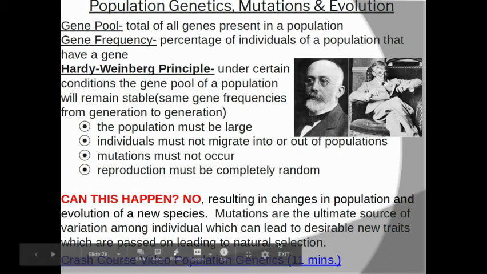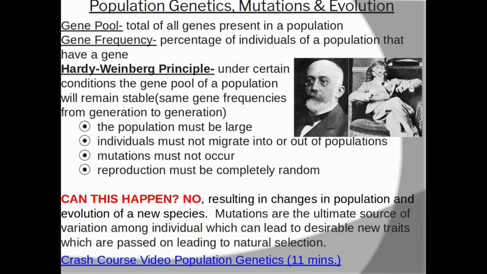There's a great crash course video on population genetics that you should take the time to look at and evaluate, because we see over time changes in populations that we recognize within a human lifespan.